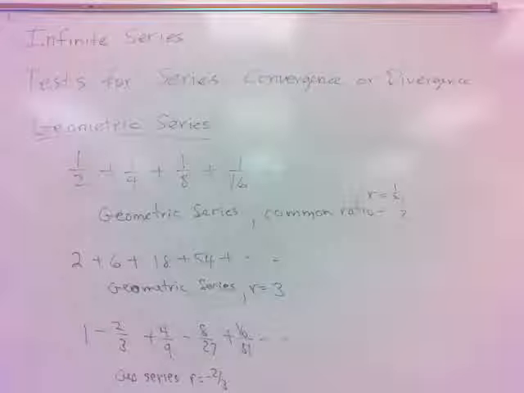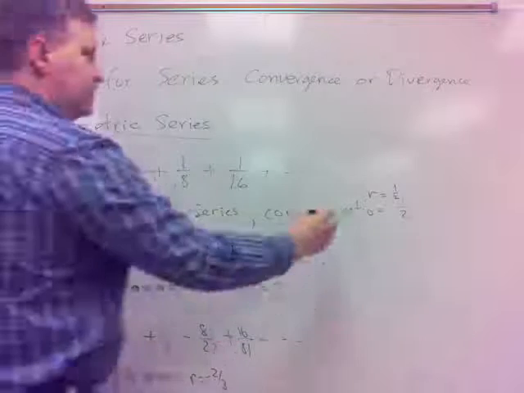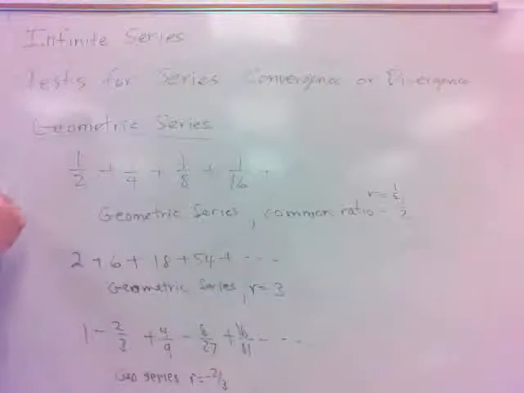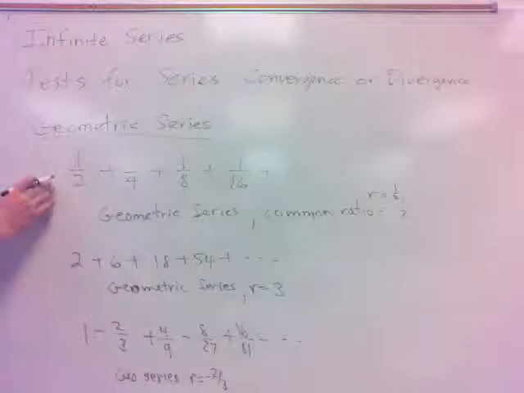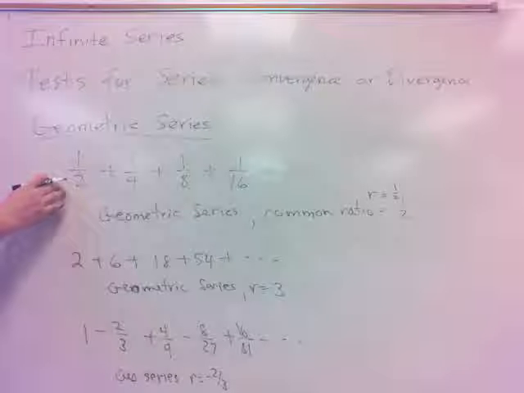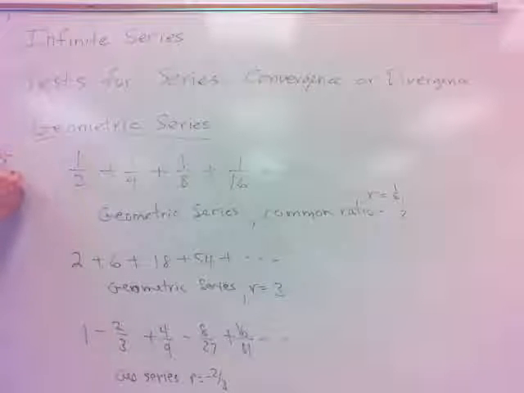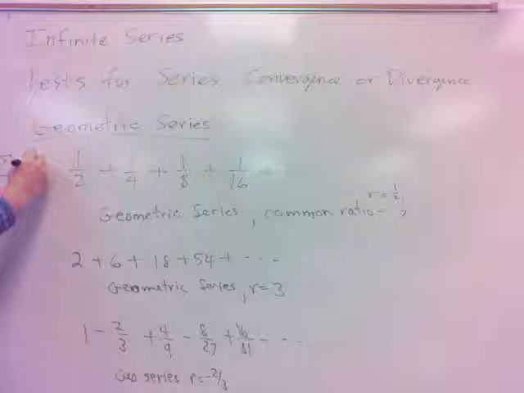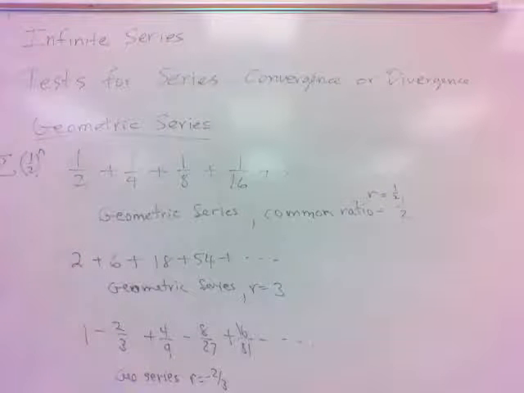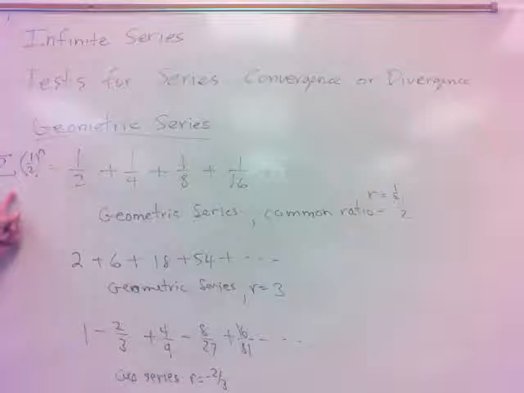Okay, well, this also then, let me just back up here, this one is 1/2 to the n, or (1/2)^n, let's write it that way. This would be the series of (1/2)^n, right? Because the first term is 1/2, the second term is 1/4, so I could write it that way.